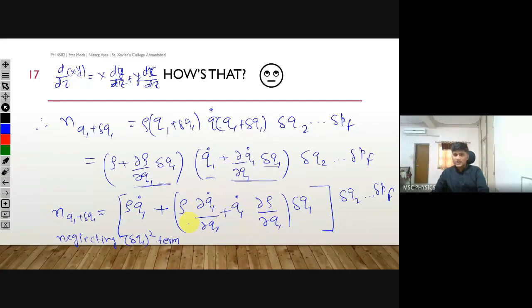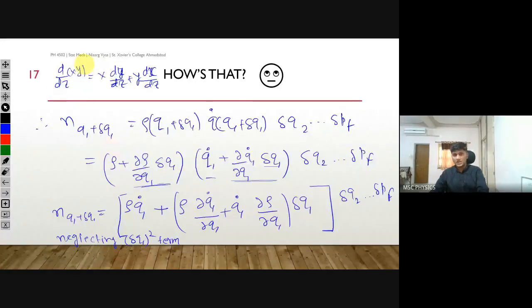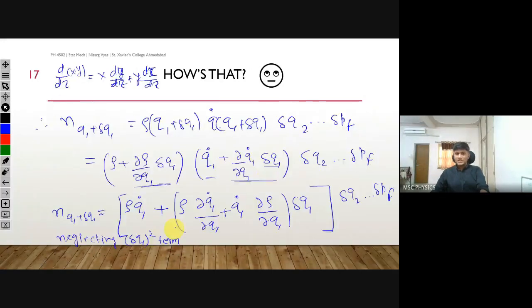So you can write this whole number as del by del Q1 into rho and Q1 dot. And delta Q1 is still there outside the bracket, and all other terms are still there. So this is n at Q1 plus delta Q1.